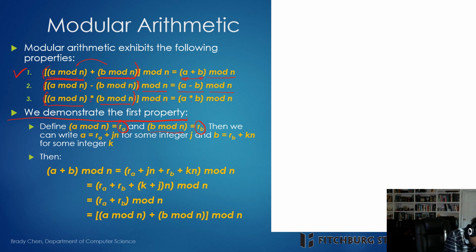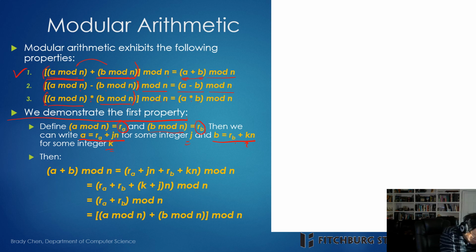So I can write A as J times n plus Ra, where J is the quotient when A is divided by n. And then we can write the same for B: B equals Rb plus Kn. So when B is divided by n, I get a quotient K and a remainder Rb, and the remainder Rb is the result of B mod n, for integer K and integer J.